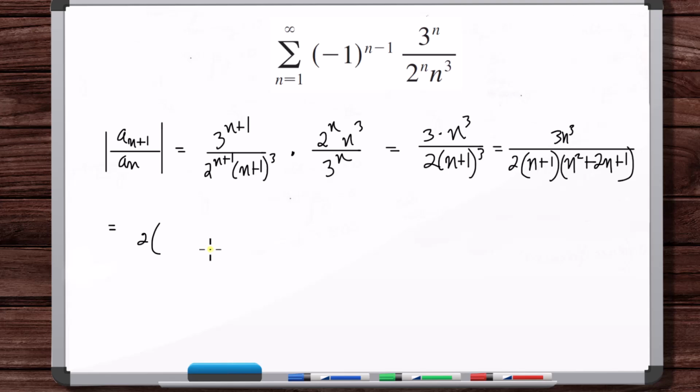That gives n cubed plus 2n squared plus n plus n squared plus 2n plus 1, which is n cubed plus 3n squared plus 3n plus 1. Over the denominator, that's 2n cubed plus 6n squared plus 6n plus 2.